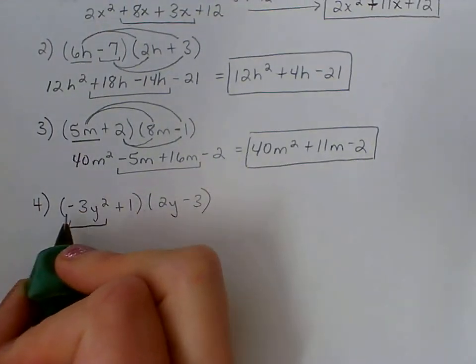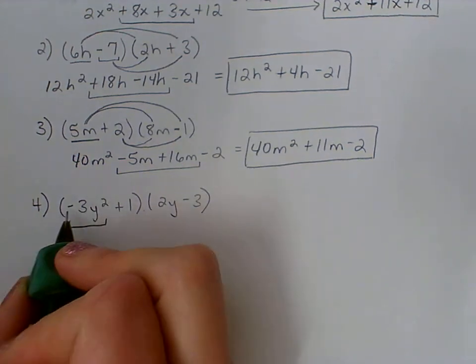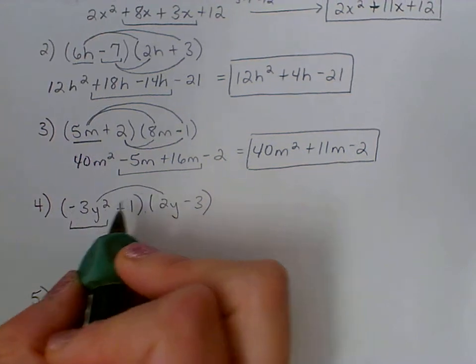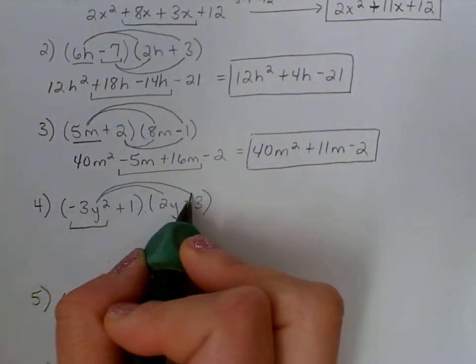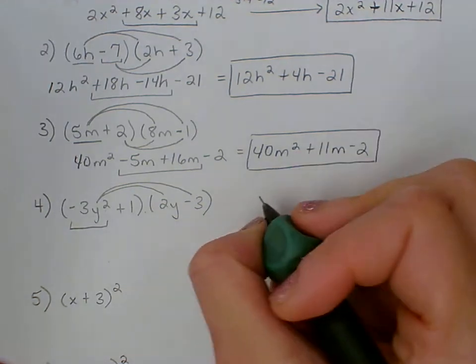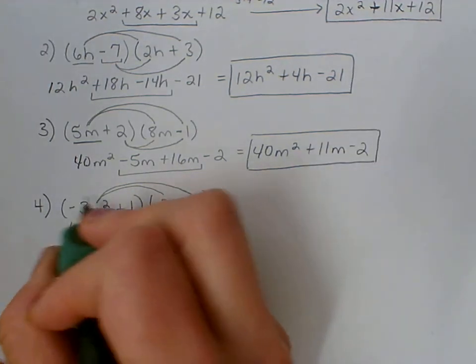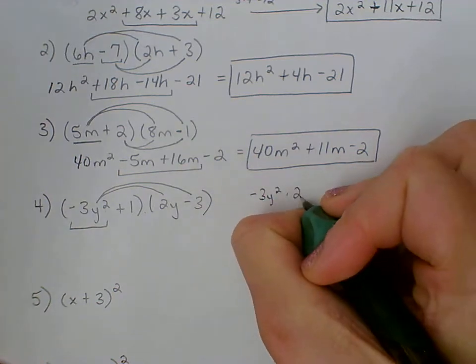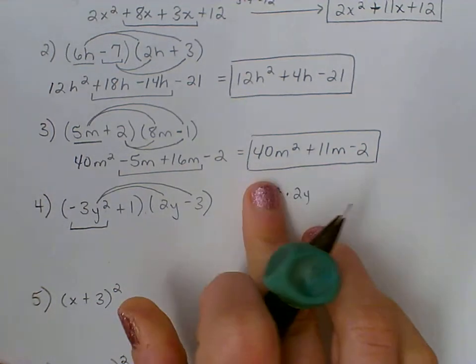So we're going to start with this term right here. We've got a negative 3y squared, and we're going to distribute that times the 2y, and then we're going to take it times the negative 3. So if it's a harder one to do, remember you can always go to the side. So like negative 3y squared times the 2y, you could just write it out and then think through it.